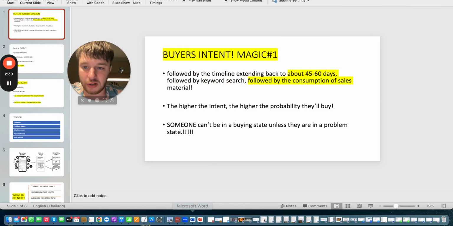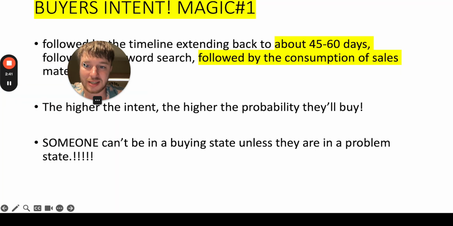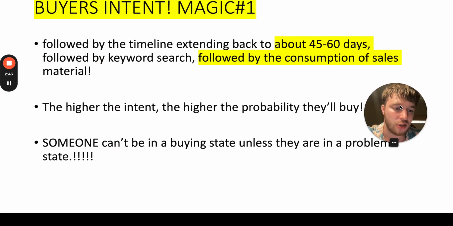As you can see on my screen, the first thing is the buyer's intent. That's the magic. So what's the buyer's intent? Buyer's intent is understanding who the people are that you are promoting the product to. For example, a weight loss supplement on ClickBank.